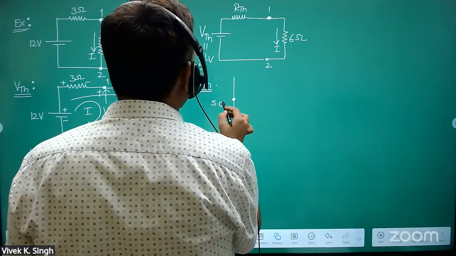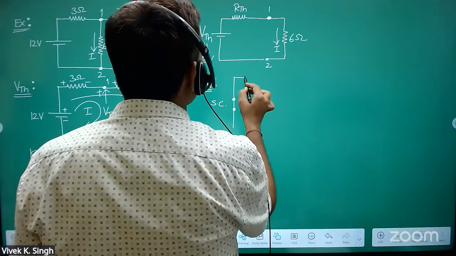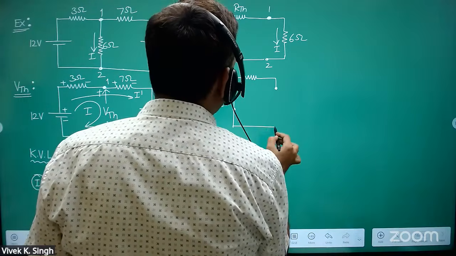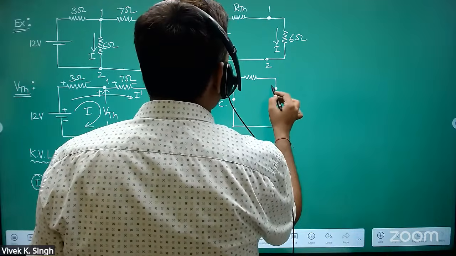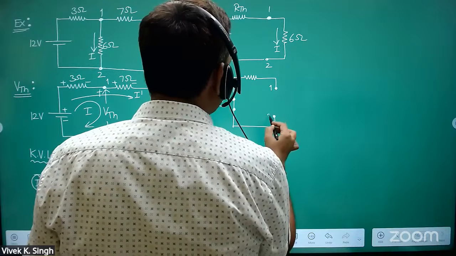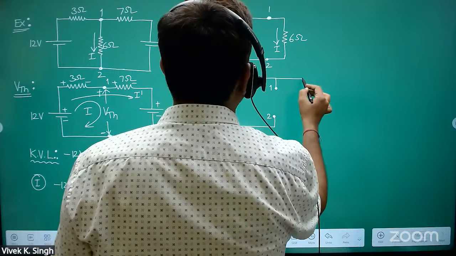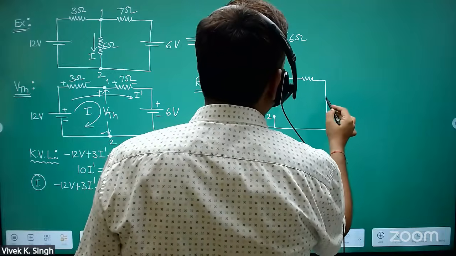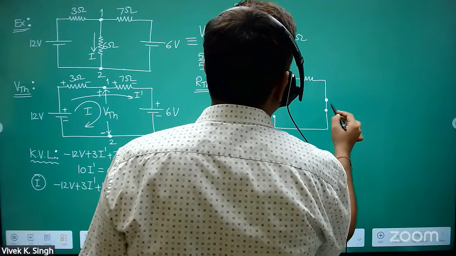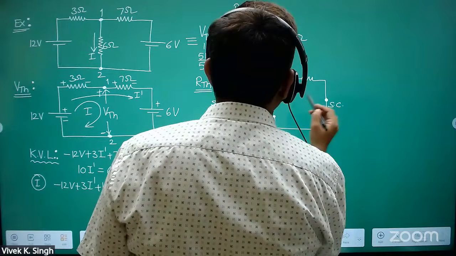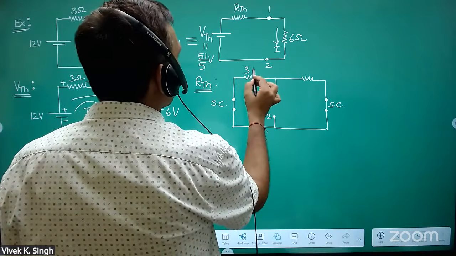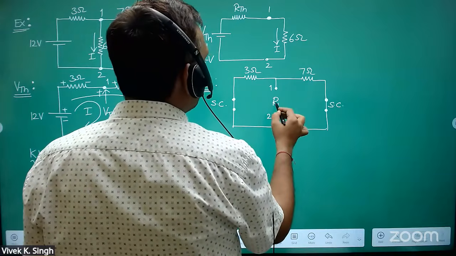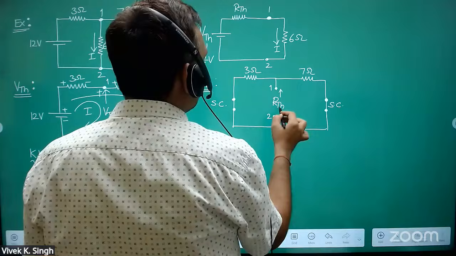This will be short circuited. This is 1 and 2. This is 7 ohm. This will be short circuited, and this will be RTH.